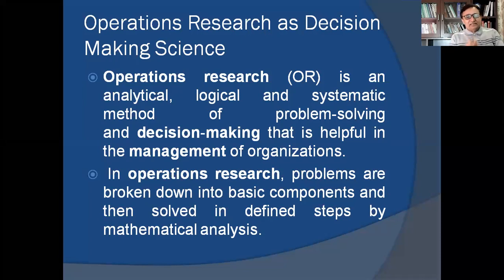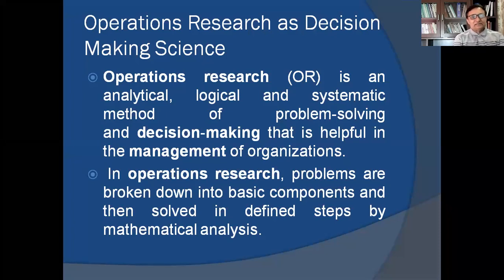So in operation research, problems are broken into different basic components and then solved in defined steps by mathematical analysis, because we use the techniques of mathematics for analyzing and solving the problem. So operation research is basically a decision making science.